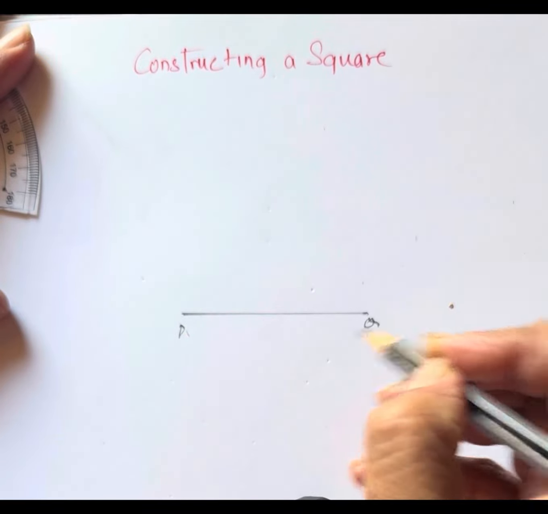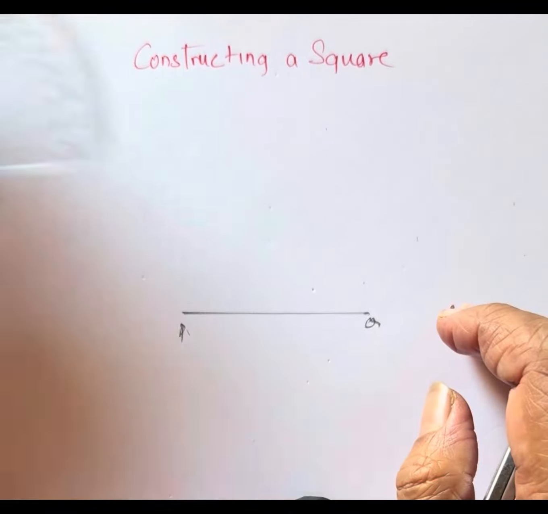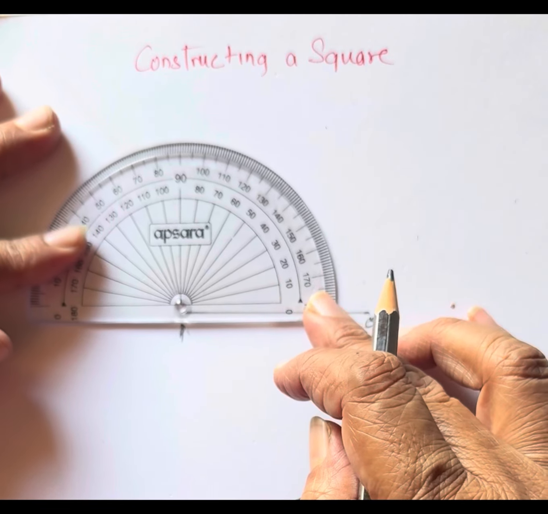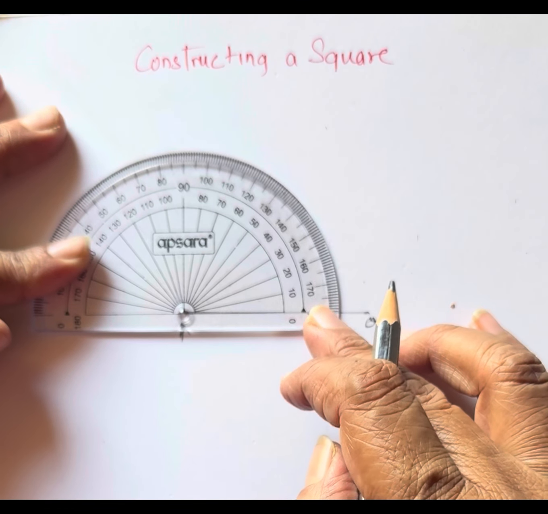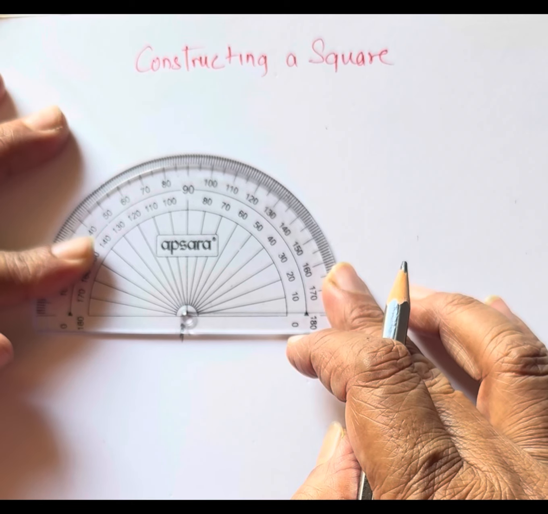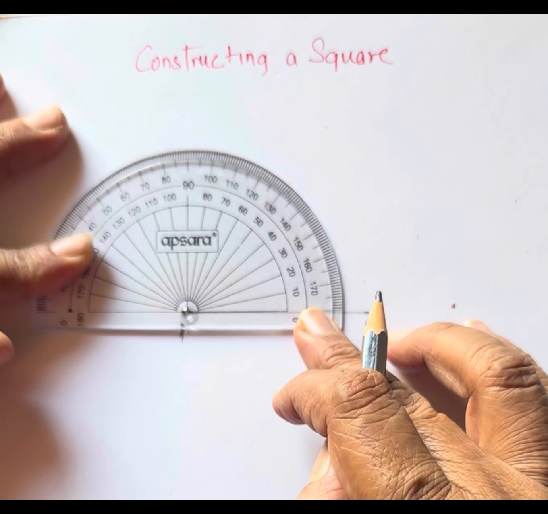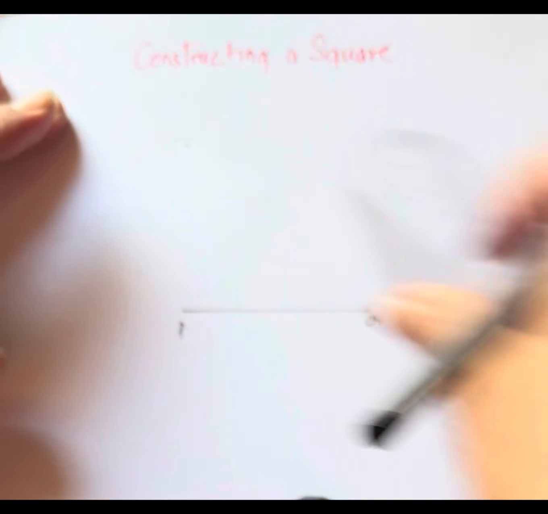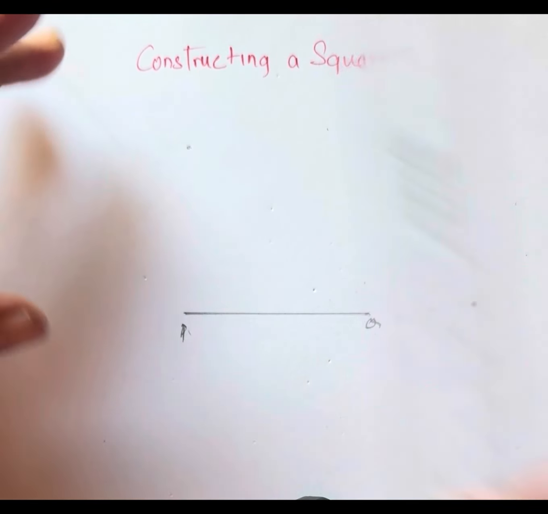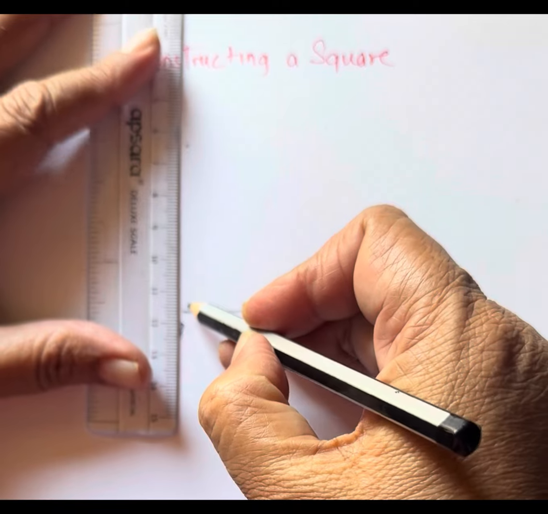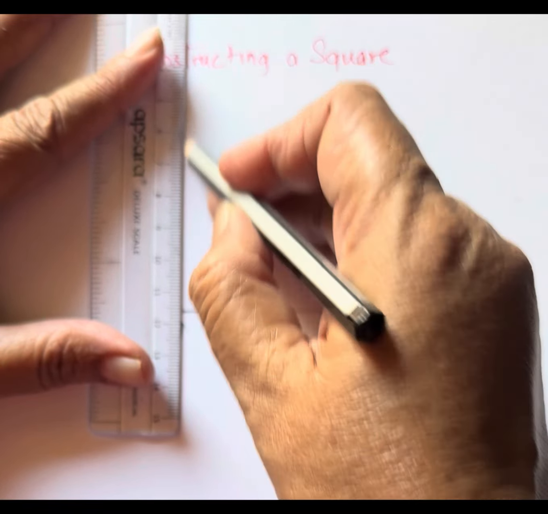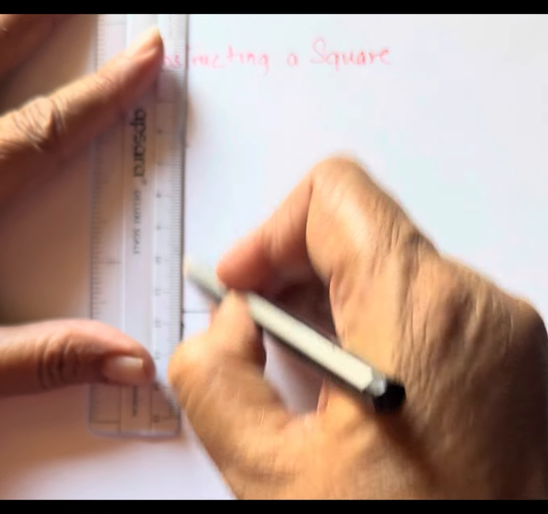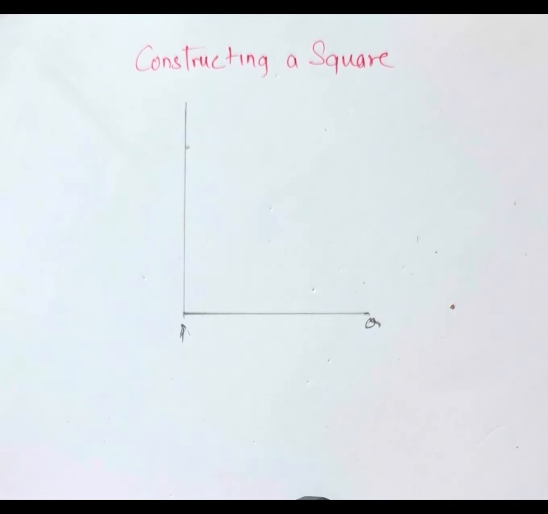Then at point P, just keep your protractor. See that the baseline and the center line overlap properly. Then mark a point here at 90 degree. Then using a scale, join these 2 points. Now we don't know whether it is 6 centimeter or not.